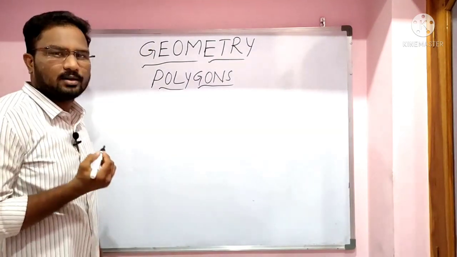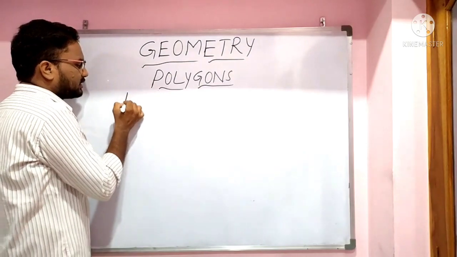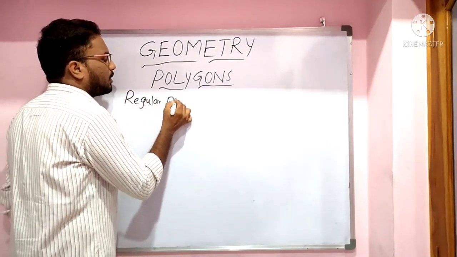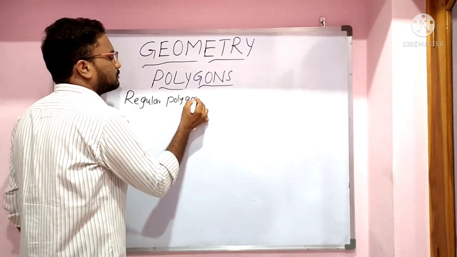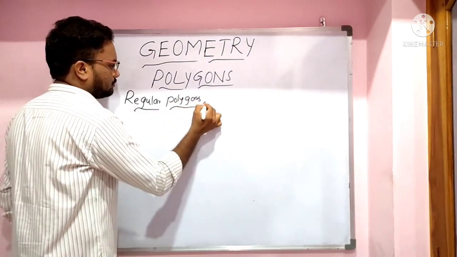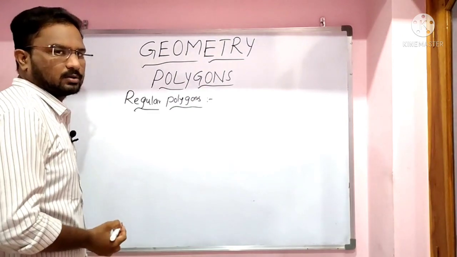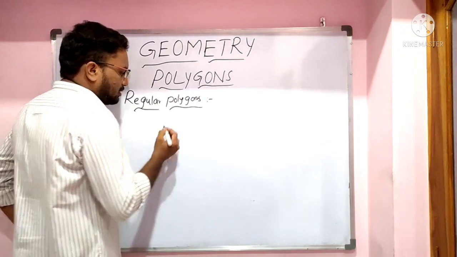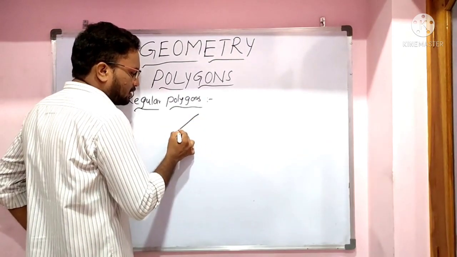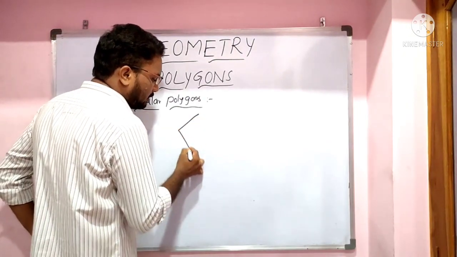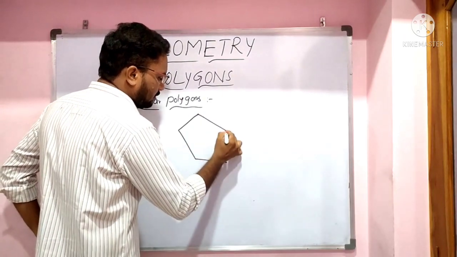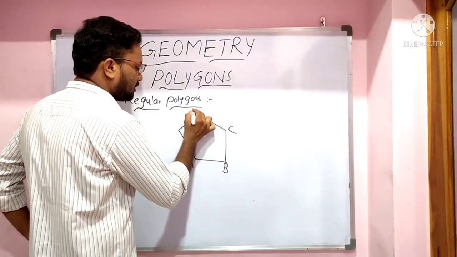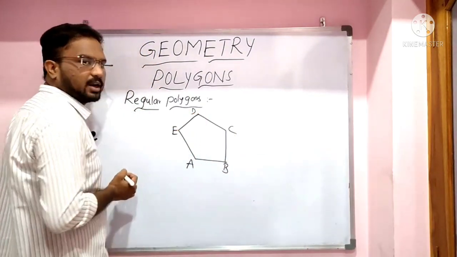Next one, regular polygons. So what are regular polygons? In a polygon, if all the sides are equal and all angles are also equal, then it is called a regular polygon.